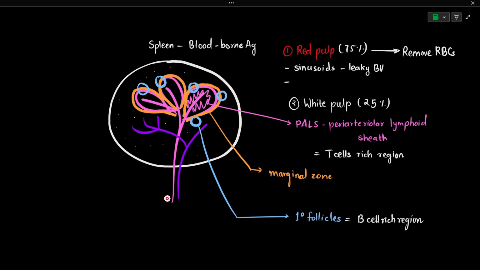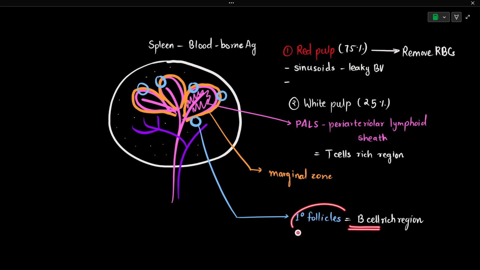For now, what is important for you to understand is that whatever antigen or lymphocytes are entering the spleen, that enters through the artery, and the T cells stay in the PALS region, B cells stay in the primary follicles, and the primary follicles will result in formation of germinal centers when the antigen is exposed to the B cells.